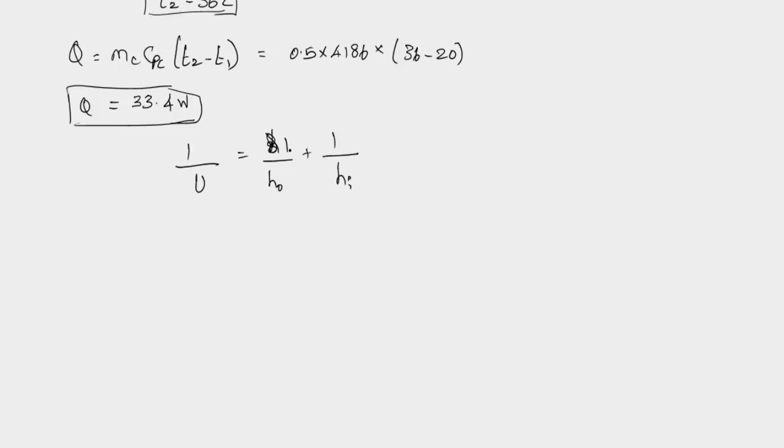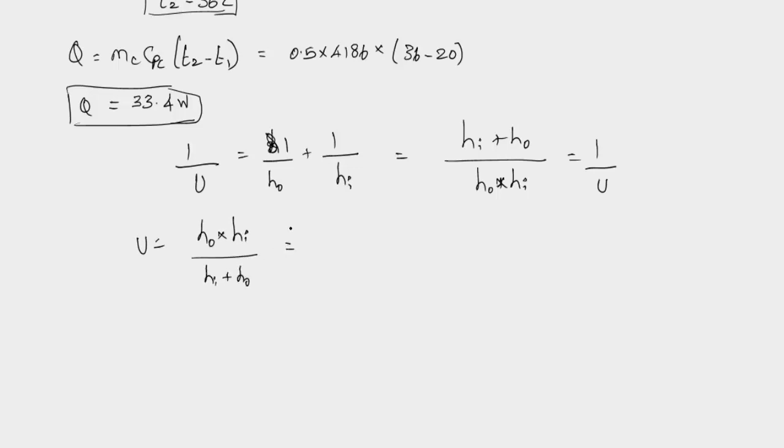Taking the LCM, h naught into hi, we get hi plus h naught equal to 1 by U. So U becomes h naught into hi divided by hi plus h naught. Substituting, 600 into 600 divided by 600 plus 600, the value is 300 watt per meter square Kelvin.